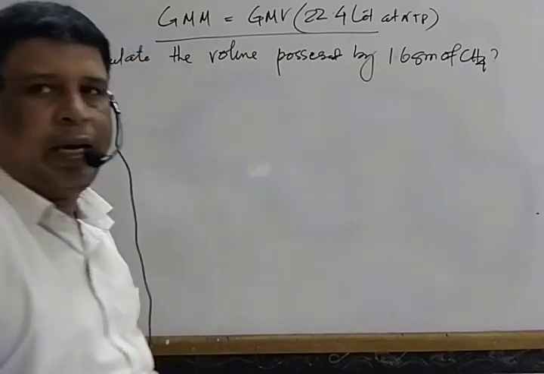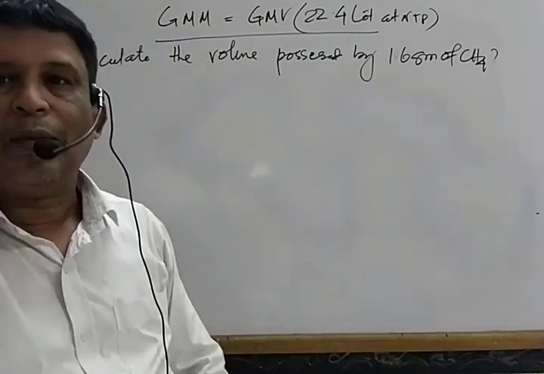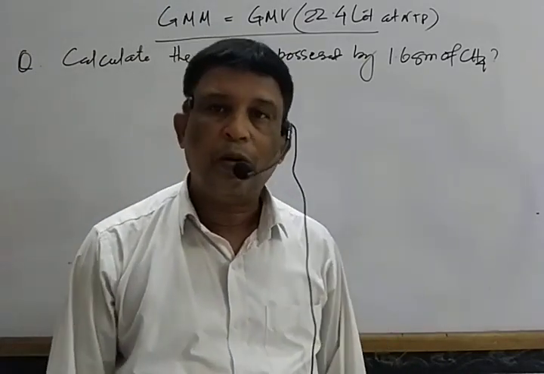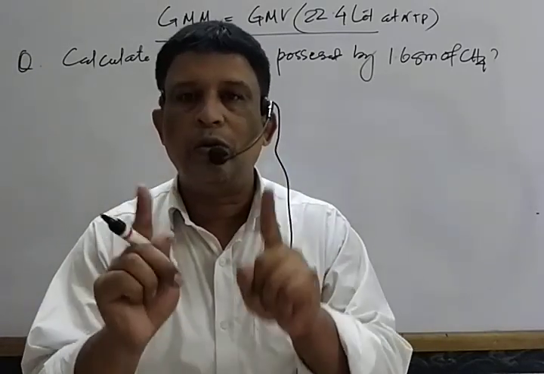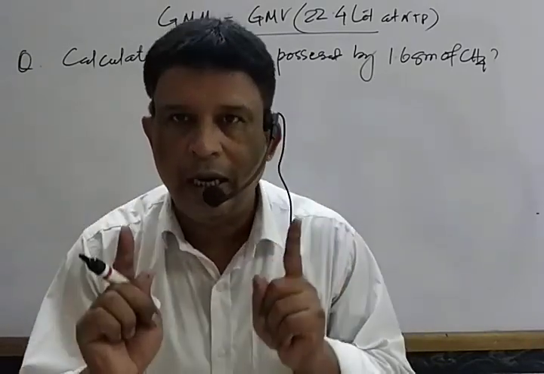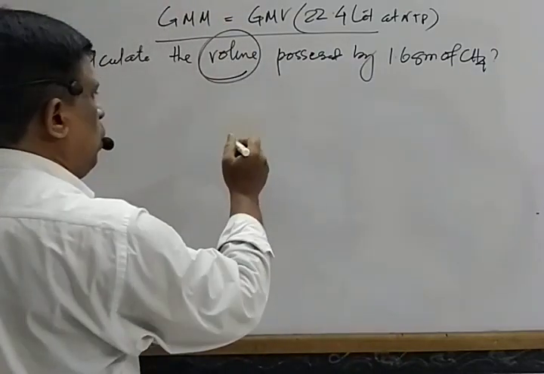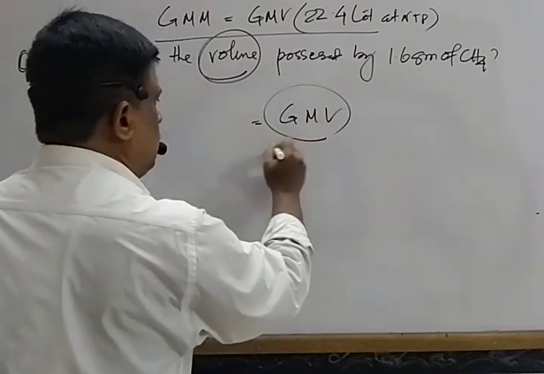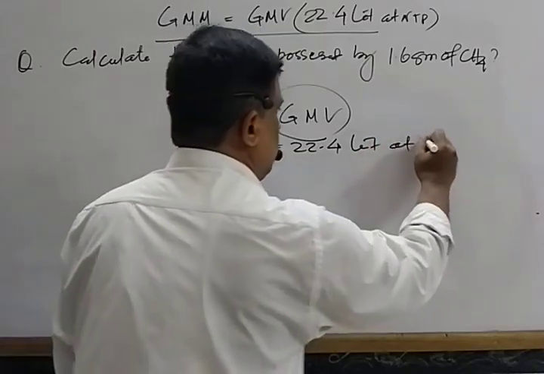First we select methane. Calculate the volume possessed by 1.6 gram of methane. So first read the question. What is the concept? Read the question and find out the relationship between the two terms. Which two terms are interrelated? Mark that. Calculate the volume. One term is volume, means GMV is equivalent to 22.4 liter at NTP.